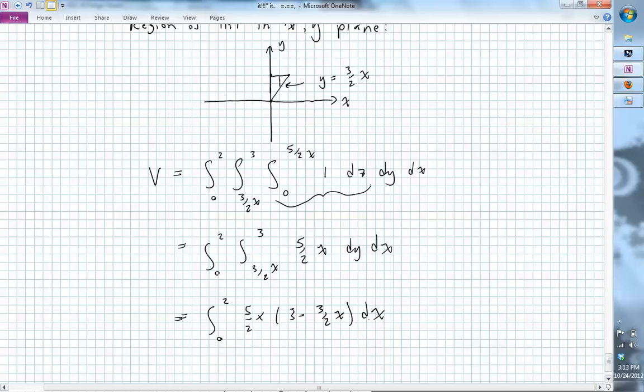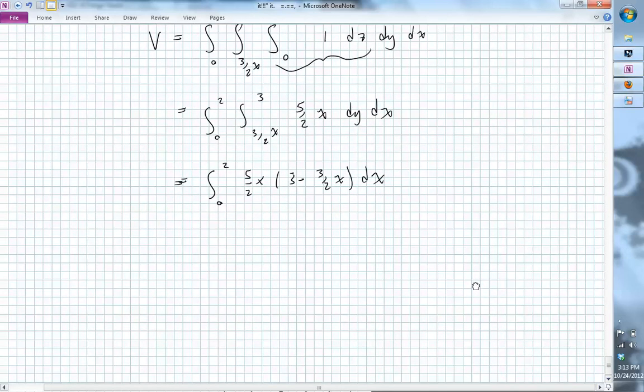Why? Because it was a constant with respect to x. So I integrated this thing, this turned into a y, 3 minus that appears right there. And does everybody see that? And let's finish it off.